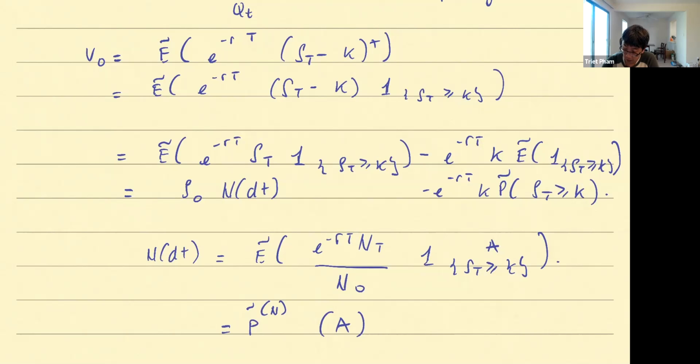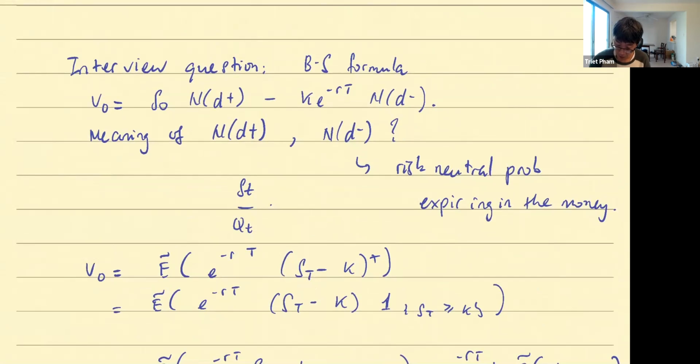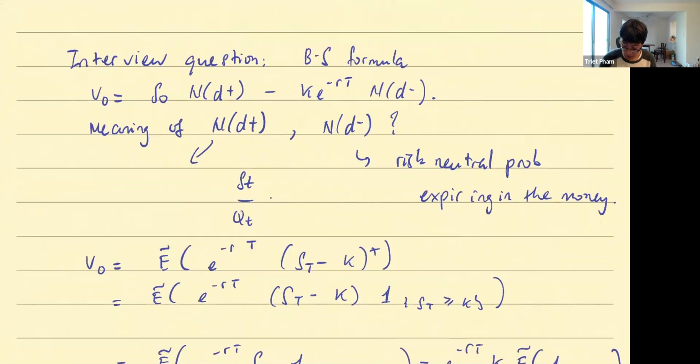So here S is itself playing the role of numerator. So in other words, ND plus is also the probability of the option expiring in the money, but the probability under the choice of S as numerator.